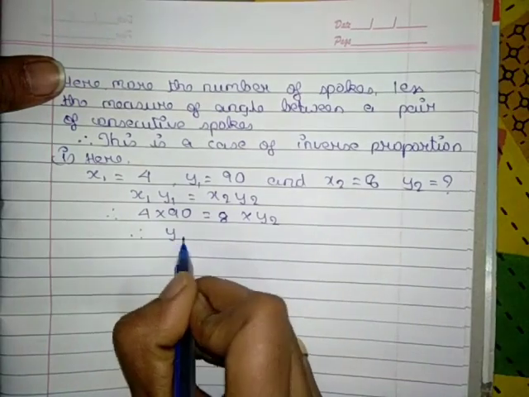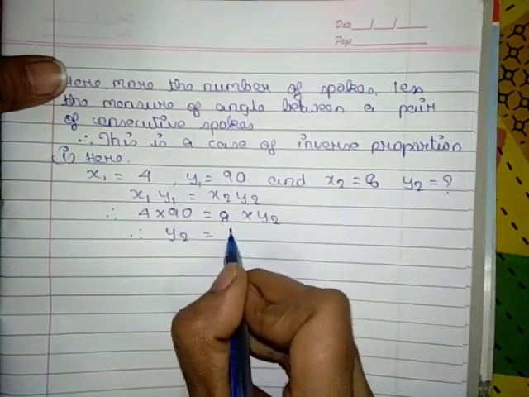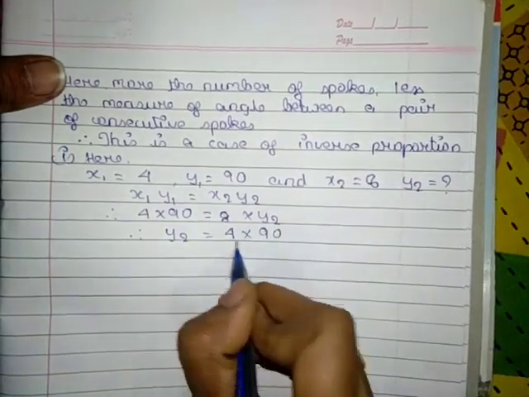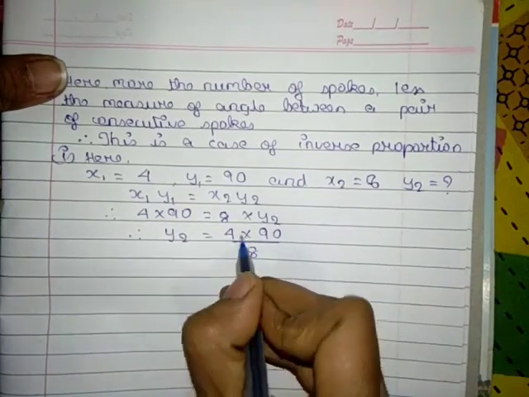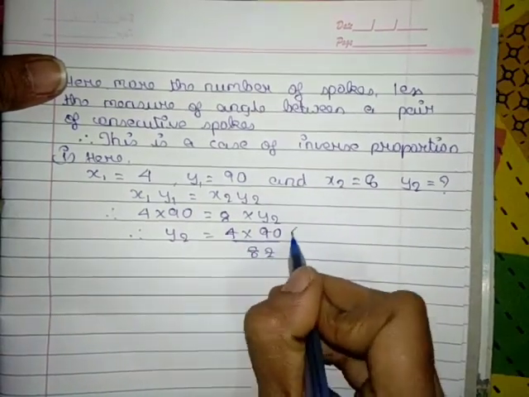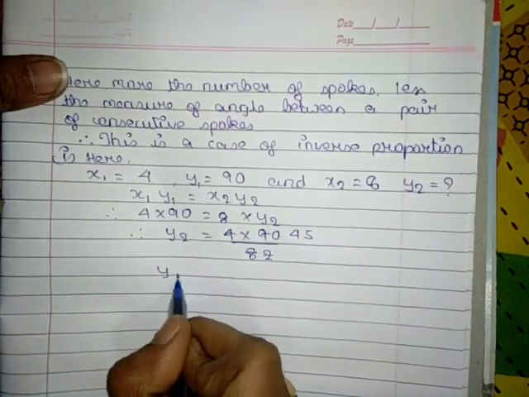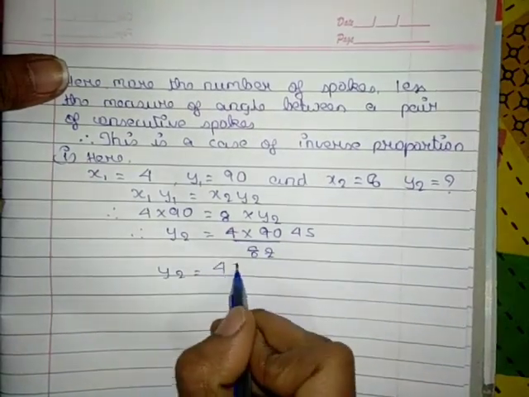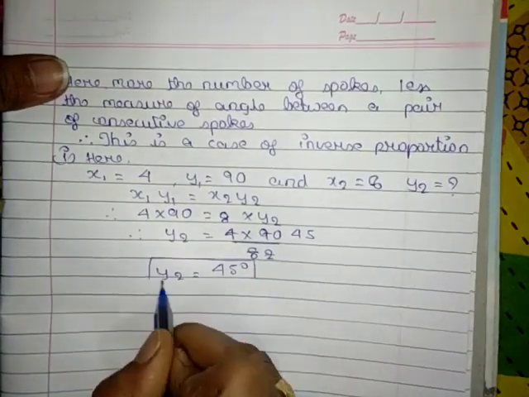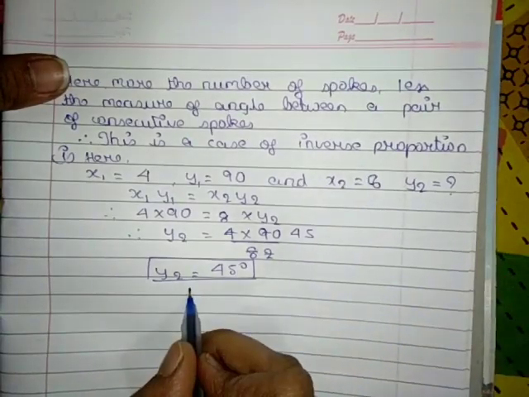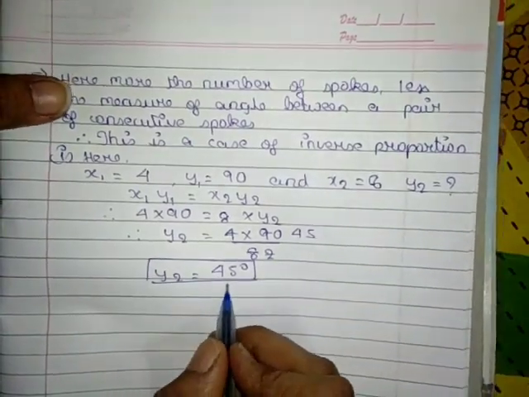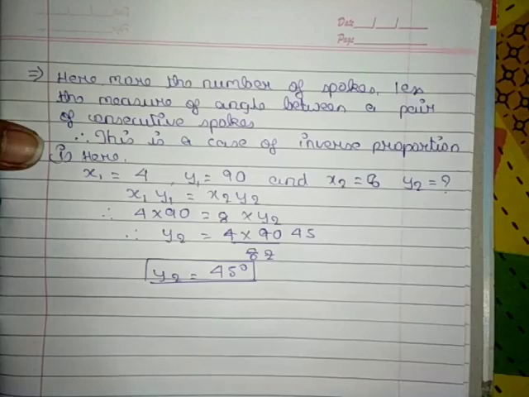Therefore y2 is 4 multiplied by 90 divided by 8. 4 2s are 8 and 2 45s are 90. So y2 will be equal to 45 degrees. When the number of spokes is 8, the angle between the two spokes will be 45 degrees.